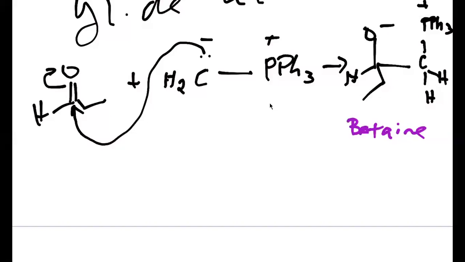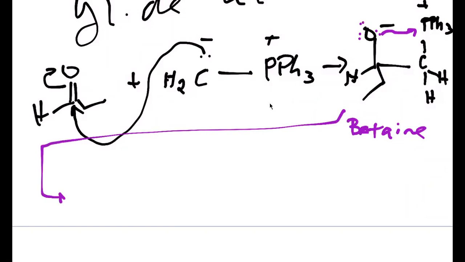Right, and that doesn't stay like that, obviously, because you've got electrons around oxygen, and phosphorus and oxygen love each other. So oxygen is going to attack phosphorus, and then you end up with what's called an oxaphosphetane. So let me draw that right quick. And then boom here, P.